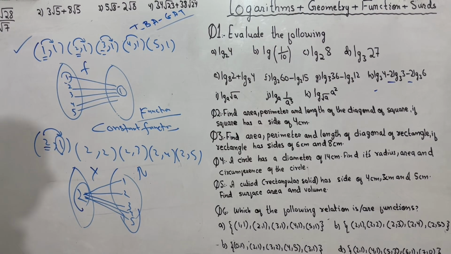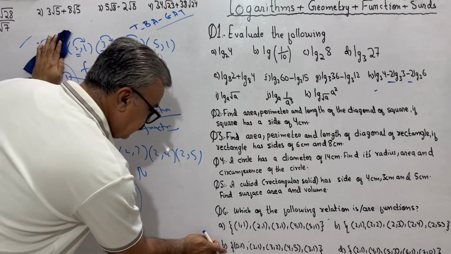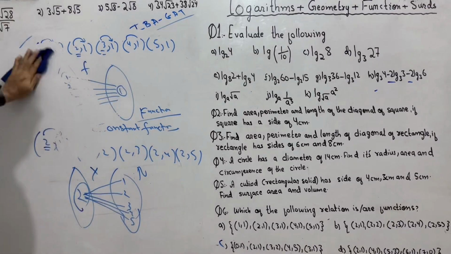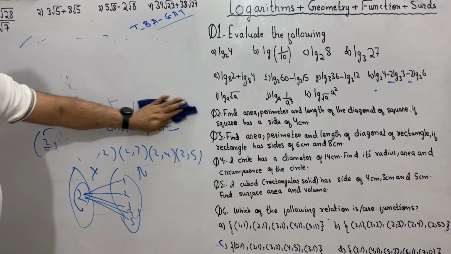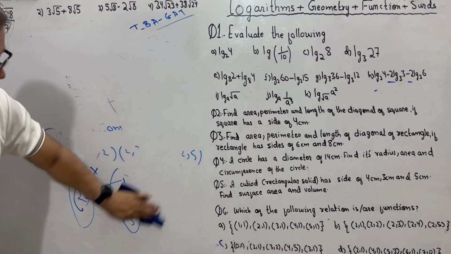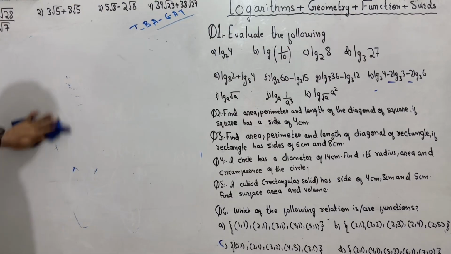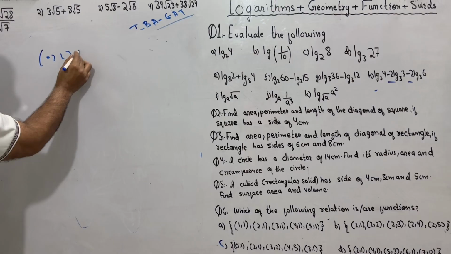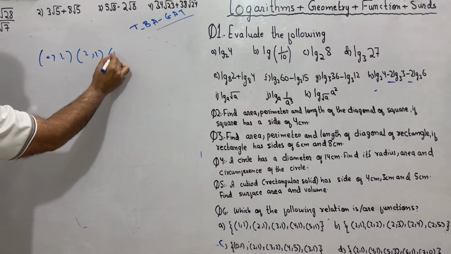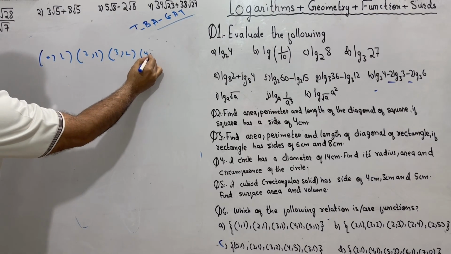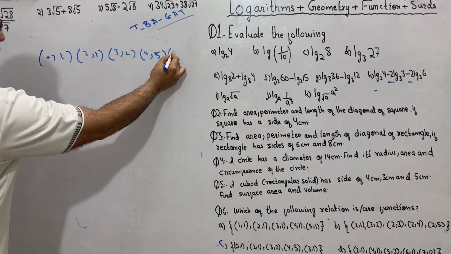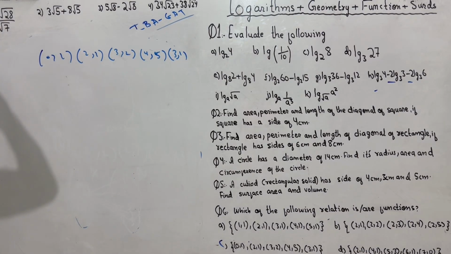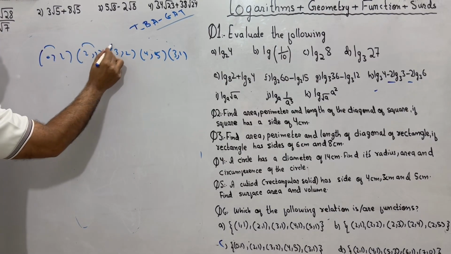Okay, let me explain one more thing for you. In that case, I am taking this C. I am leaving D for you. It's C, not B. 0 to 1, 2 to 1, 3 to 2, 4 to 5, 3 to 1. There is no violation in my opinion. It's okay.